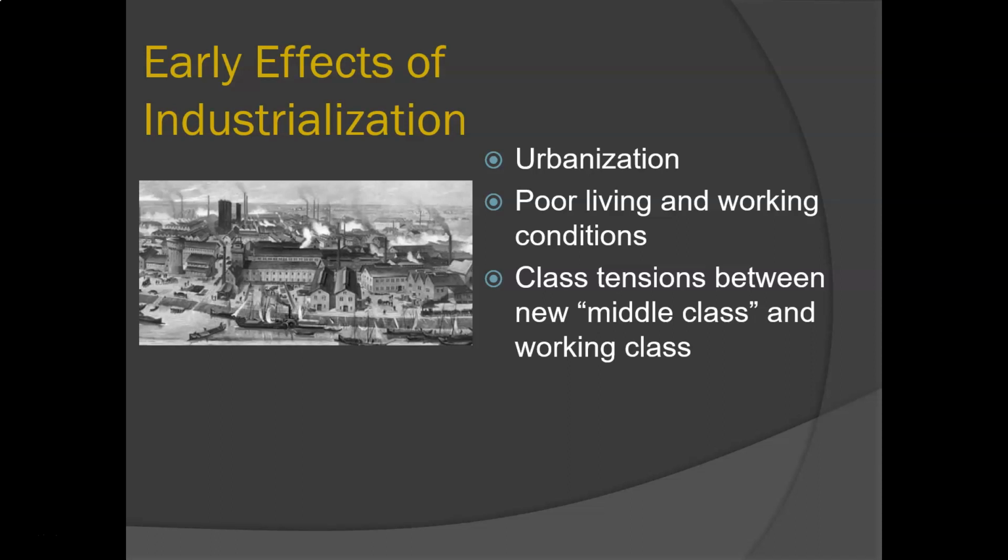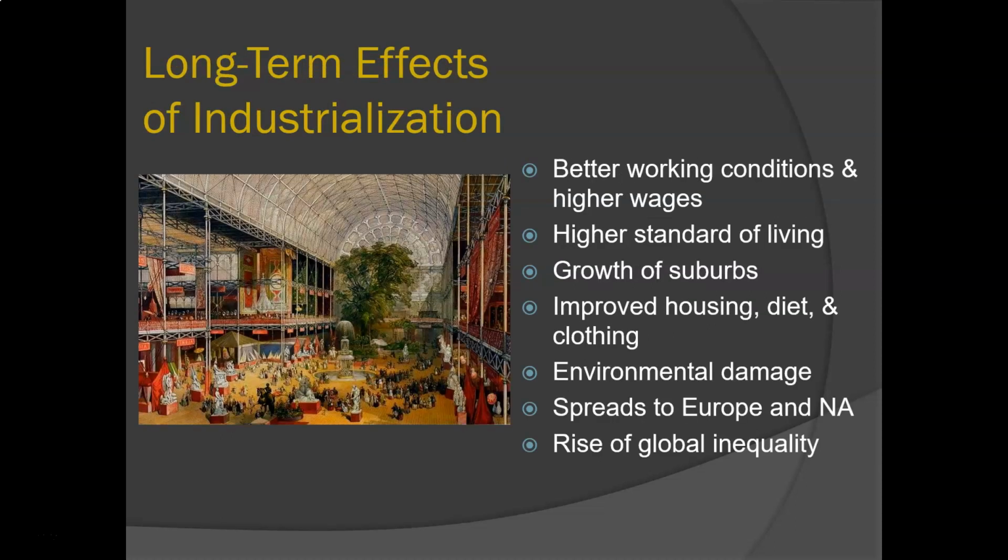And so a lot of tension as those poor people wonder why these so-called middle class people are doing so much better than them, or why those middle class people are profiting off of the work of this working class. So that's a definite tension, and a cause of industrialization is this tension between middle class people and working class people.